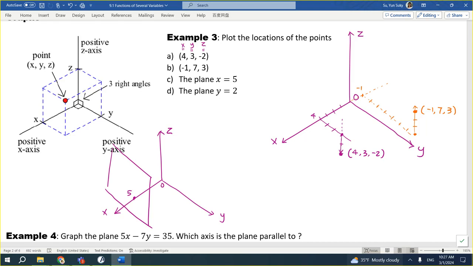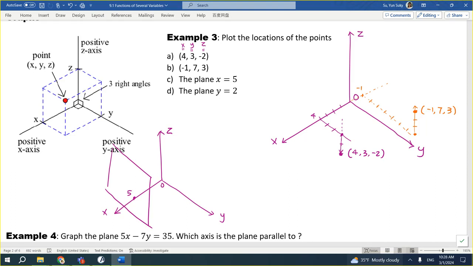Okay. How about you draw the plane y equals 2? How do you draw it? Okay. Let's see. Do you want me to draw at the same grid or a different one?